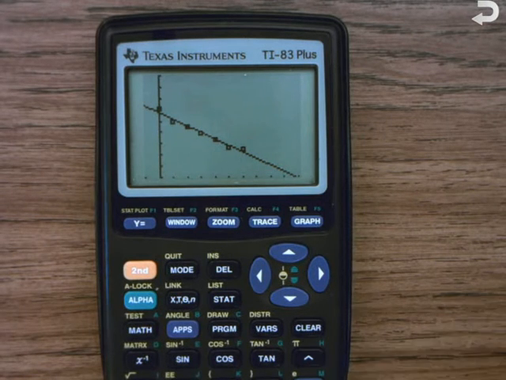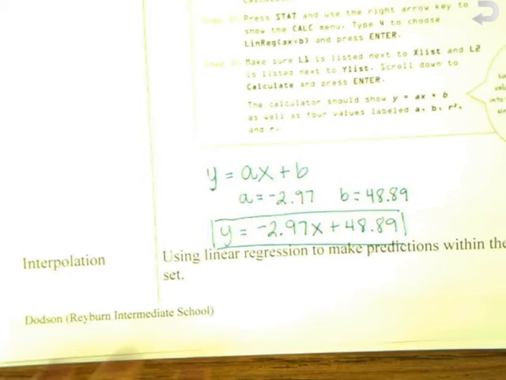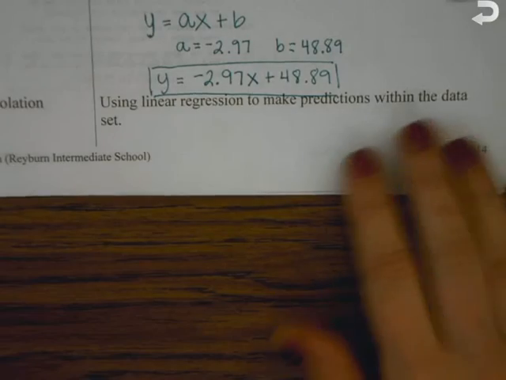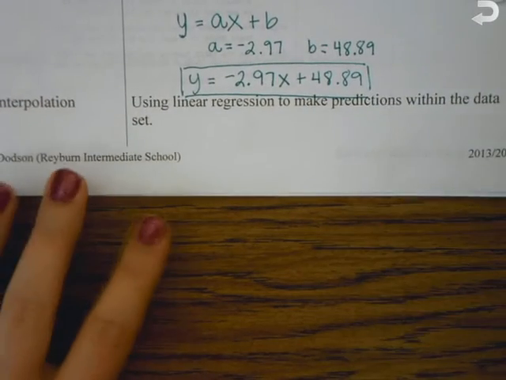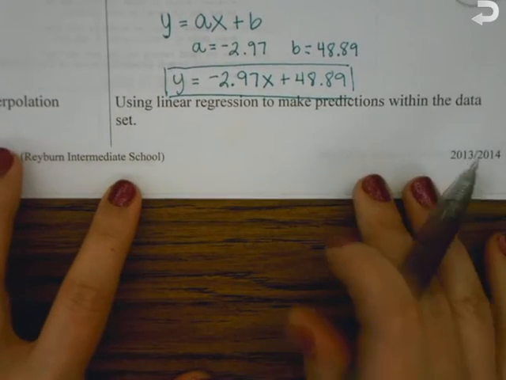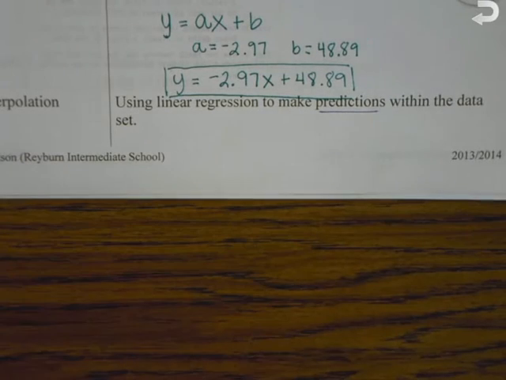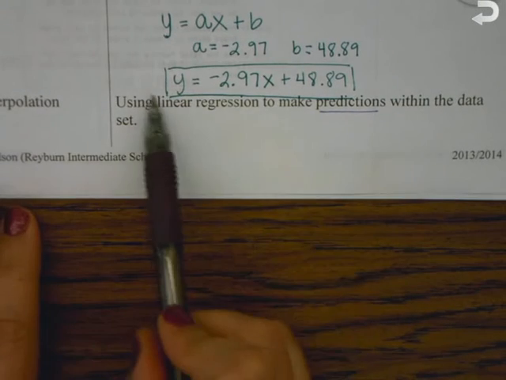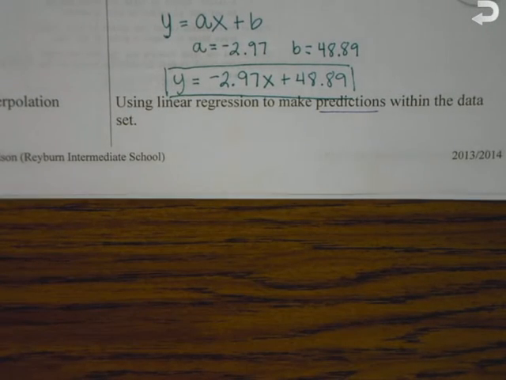So now we're going to use that equation to actually make some predictions, and that's called interpolation. So interpolation is when we use the linear regression to make predictions within the data set. So now we have the linear regression equation, and we're going to make predictions about how our data is going to react in the future based on that.